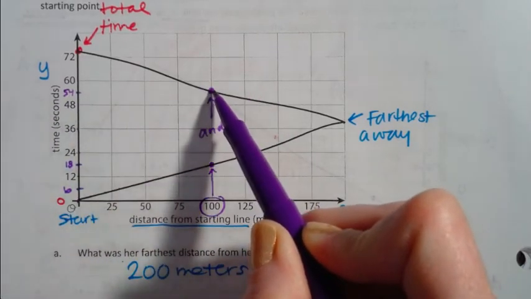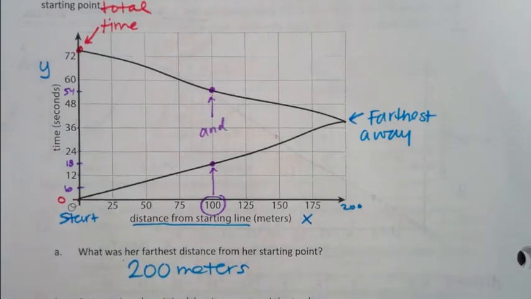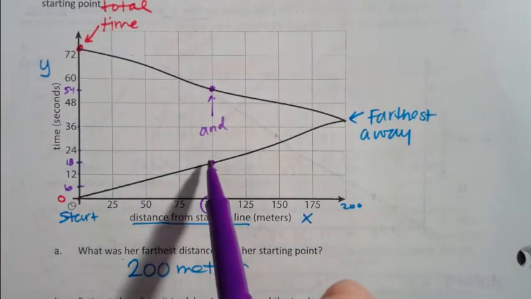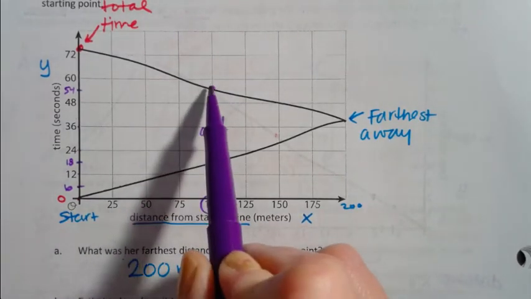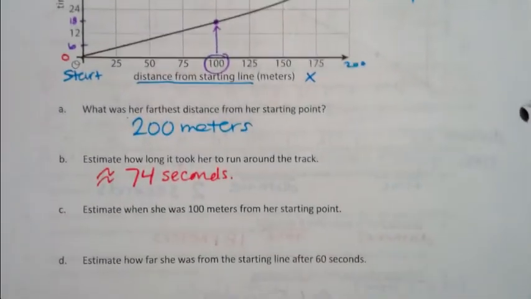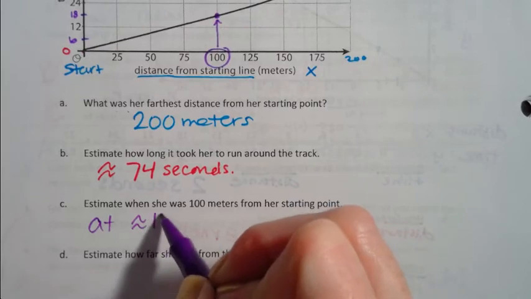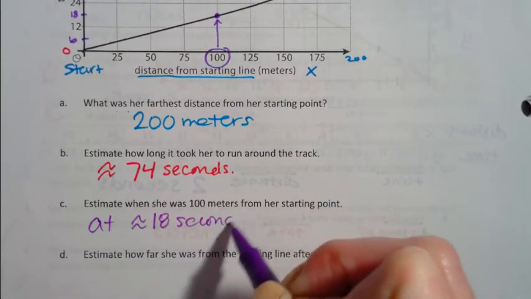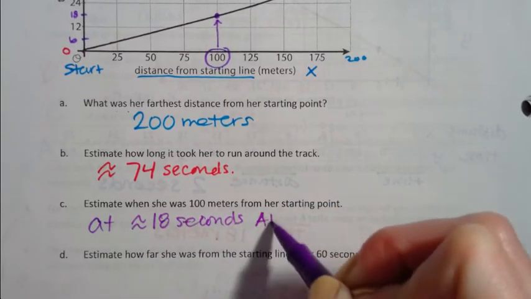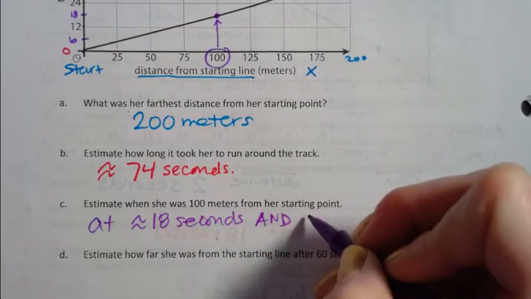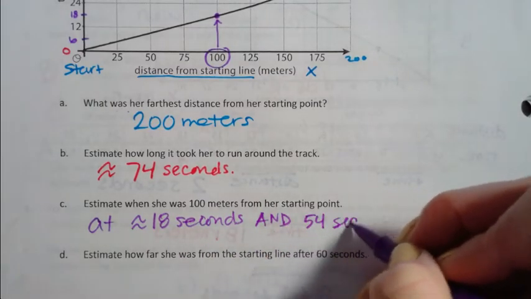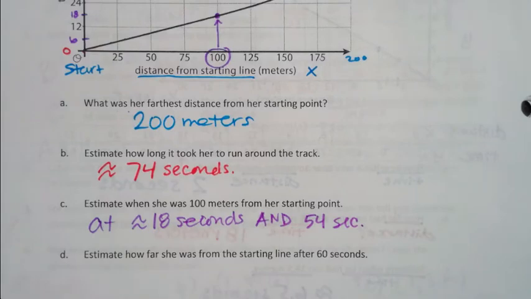Do you think that's around 54, 55? Something like that? So she was 100 meters away at 18 seconds and about 54 seconds. Or you could say 55 or 56, depending on your opinion.